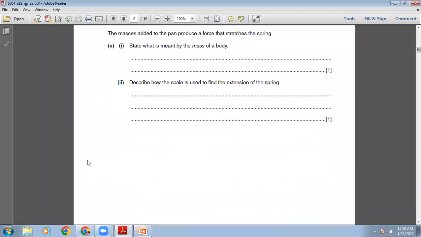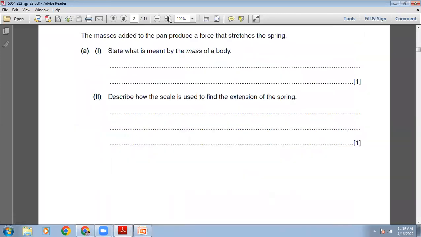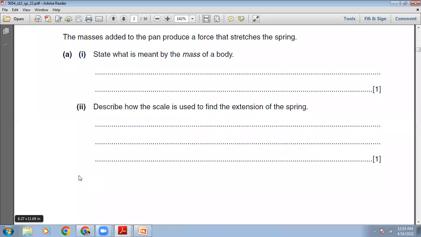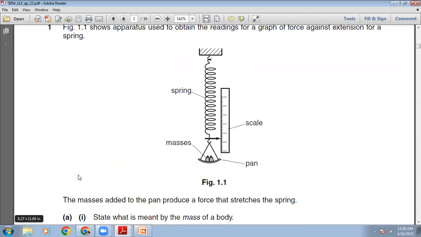Next question is describe how the scale is used to find the extension of the spring. First of all, we will put no load in the pan. So there is zero load. I will check what is the length of the spring, and I will call it L naught, the unstretched length.